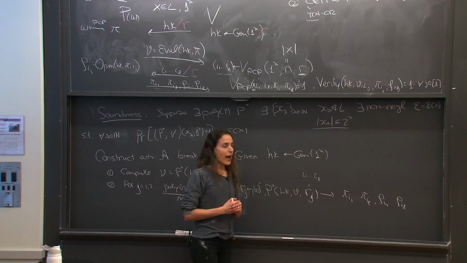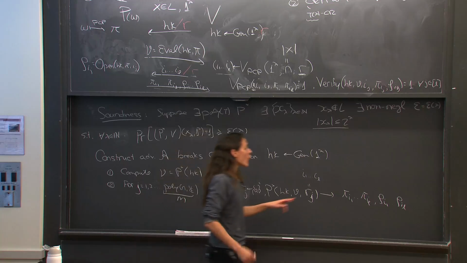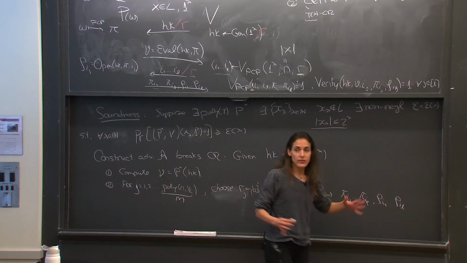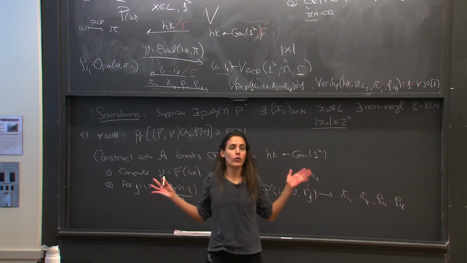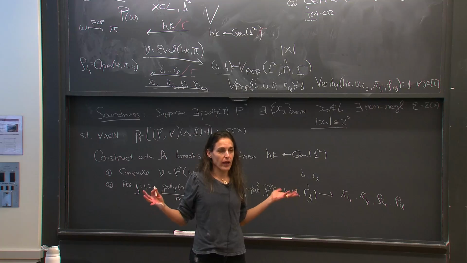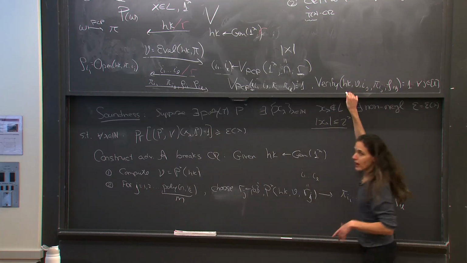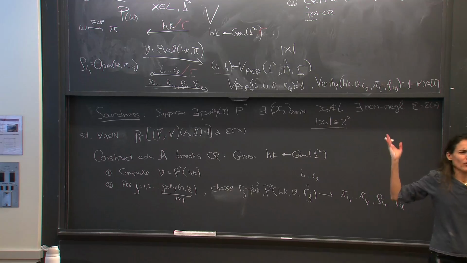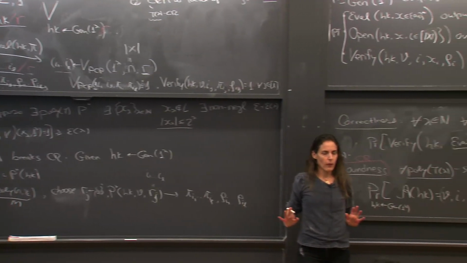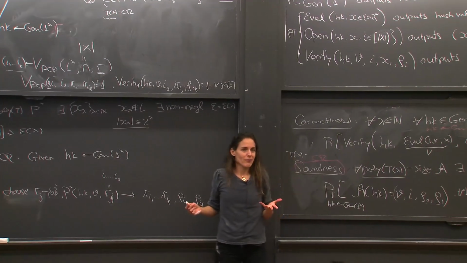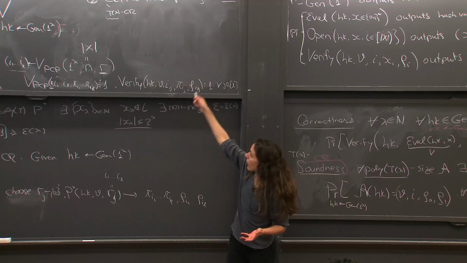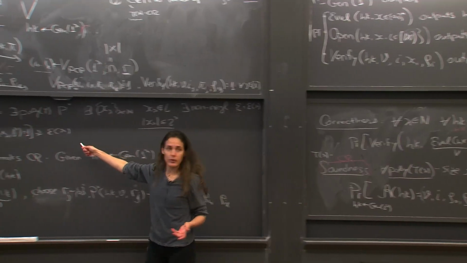Now, those for which the verifier doesn't accept, I throw out. Then it's meaningless. He could put whatever he wants, I throw it out. But that's only a bounded fraction of them, because I assume the prover is accepted with probability epsilon.